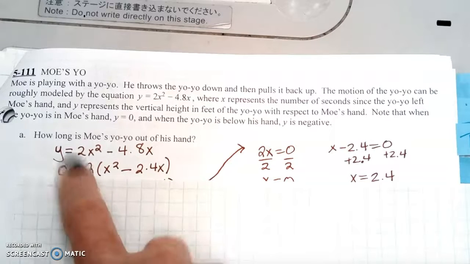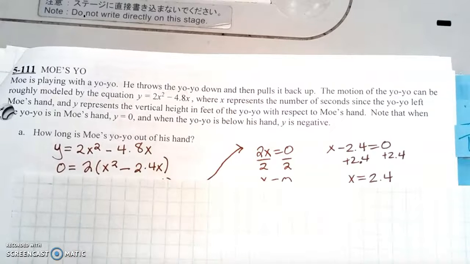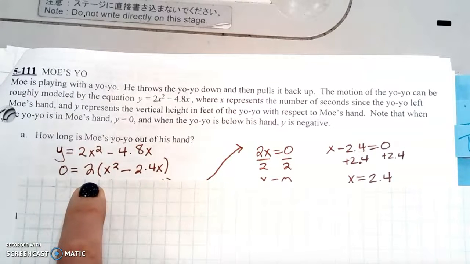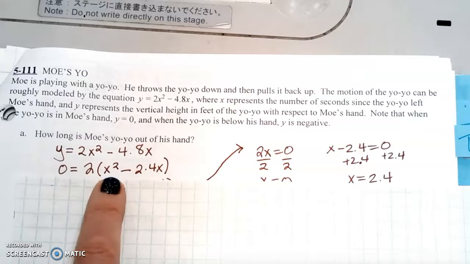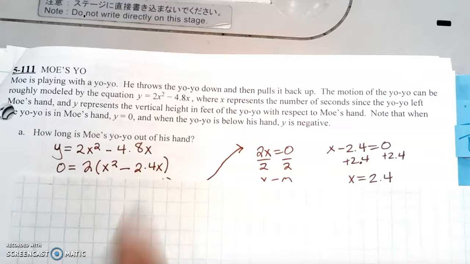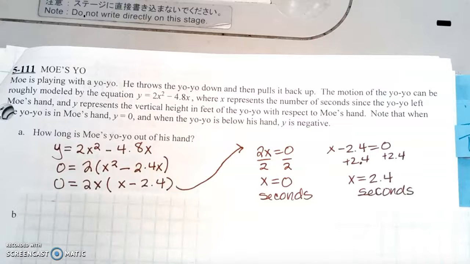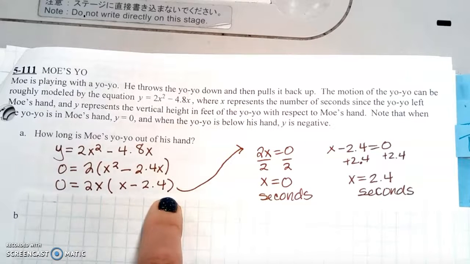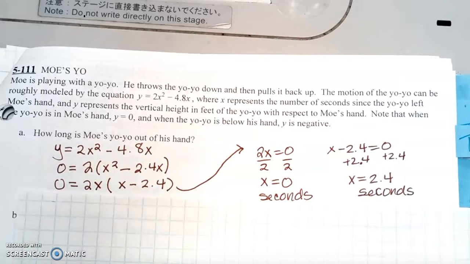When I look at the coefficients here, I noticed that they're both even, and so I factored out a 2. When you factor out a 2, that leaves you with x squared minus 2.4x. Then we can also factor out an x, which leaves us with x minus 2.4. And then we can solve for each of them, okay?